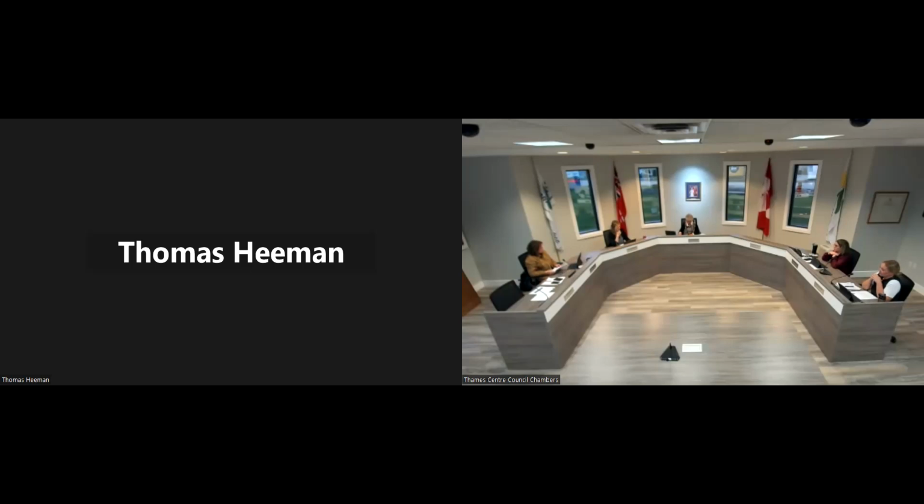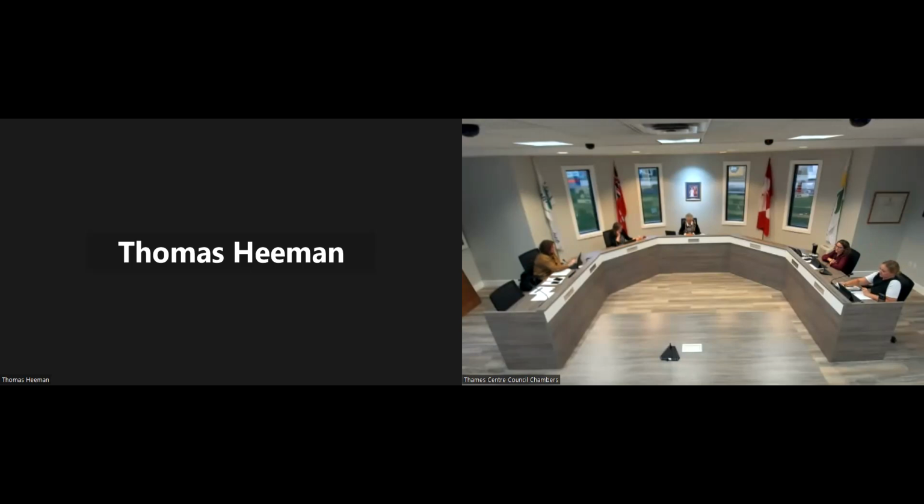Marie resolutions in support of Bill 5, Stopping Harassment and Abuse by Local Leaders Act, and that this resolution be forwarded to the Premier of Ontario, the Minister of Municipal Affairs and Housing, local MP, local MPP, and the Association of Municipalities of Ontario, otherwise known as AMO. We have a mover, Councillor Crockett, and seconded by Deputy Mayor Smybert. All in favor? Okay, motion carried.